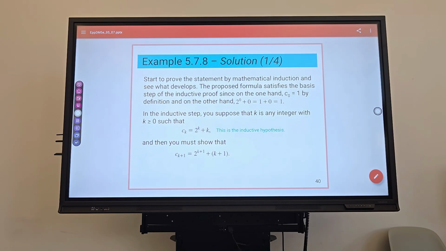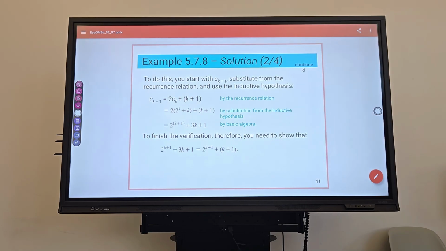In the inductive step, you suppose that k is any integer with k greater than or equal to 0, such that C sub k equals 2 to the k plus k. That's the inductive hypothesis. And then show this here.